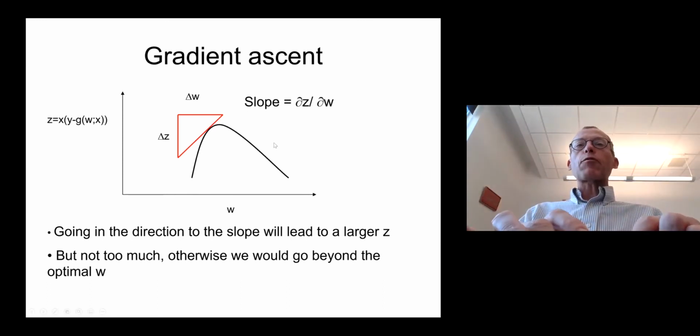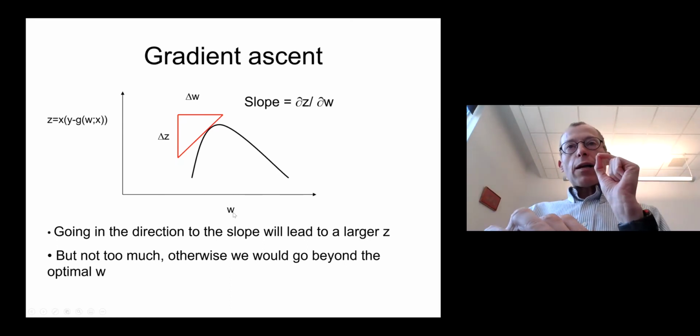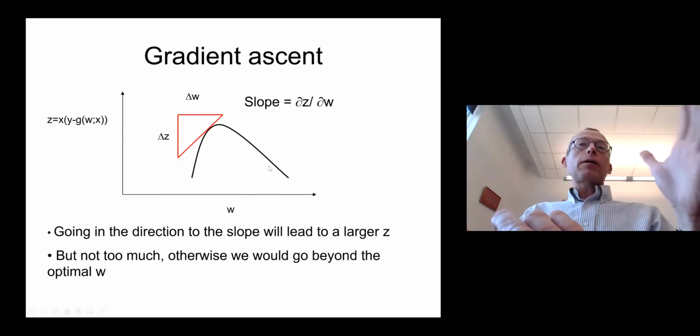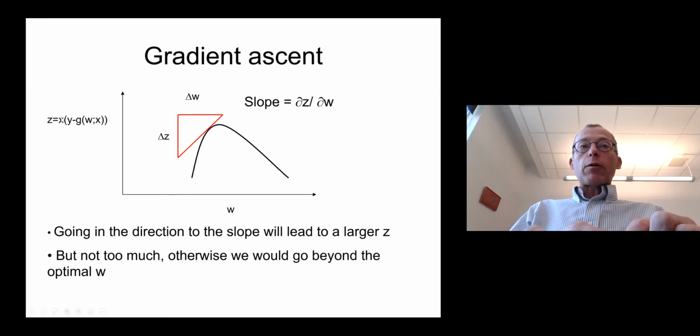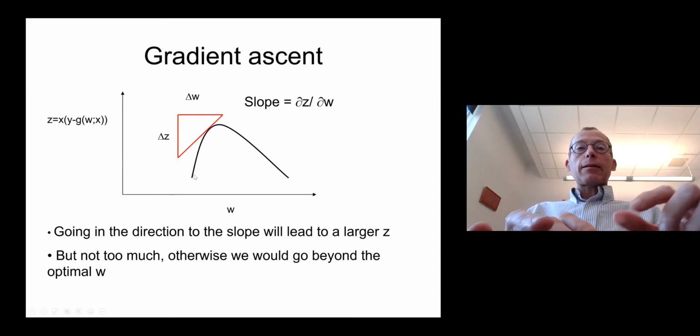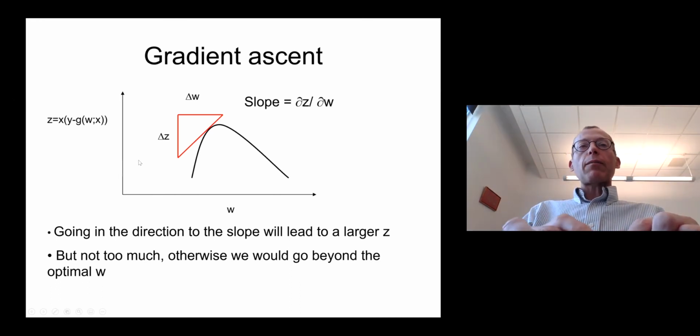There is one optimal value, and before and after it, the function that we are maximizing is slightly less than the maximum value.